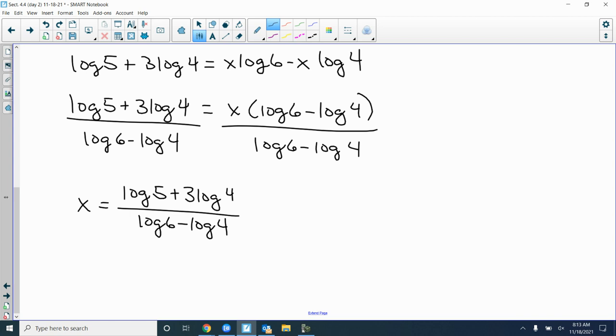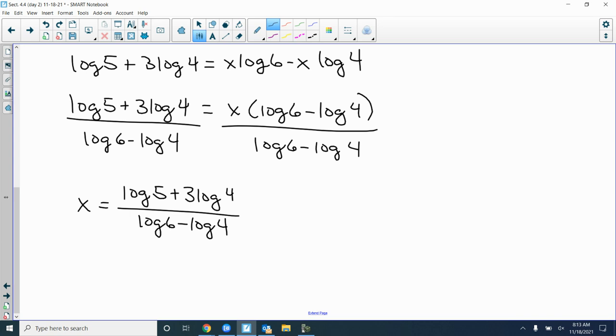You can type that in your calculator now, get the decimal. You can reduce it to the exact and then get the decimal after that. I'm going to ask you for both. I want the approximate, I want the exact. Okay, so we need them both. If you want to try and write it as the exact first and then do that, that's fine. I'll do it here in a second.